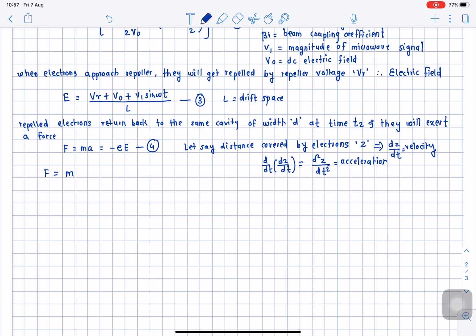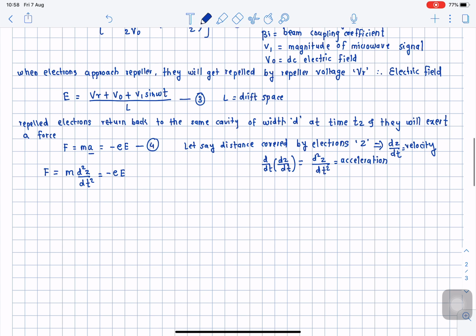So here the acceleration term I can replace with the term d2z upon dt square, and this I will equate to minus e into E. Now substitute equation 3 in the above equation.